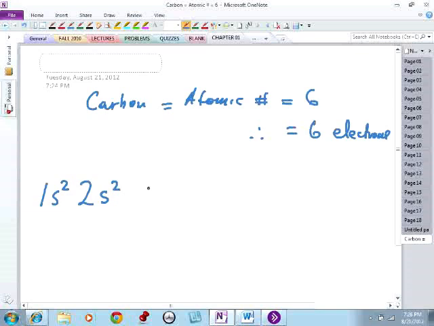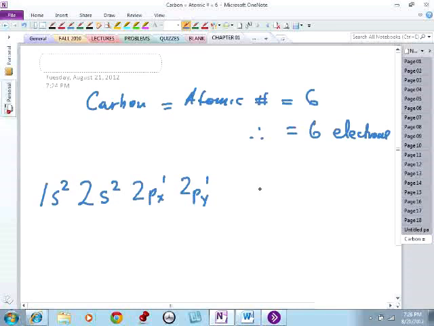Do you place those 2 electrons in the 2px? What do you do? Okay, so you have 2px1, right? 2py1, right? Which means that the z orbital has no electrons, so we don't have to write it.